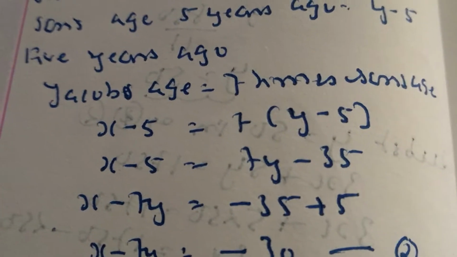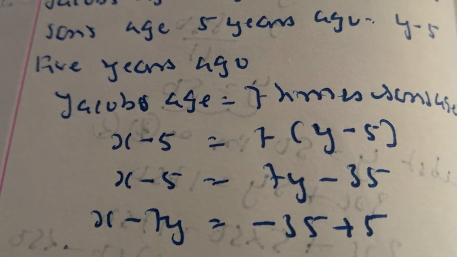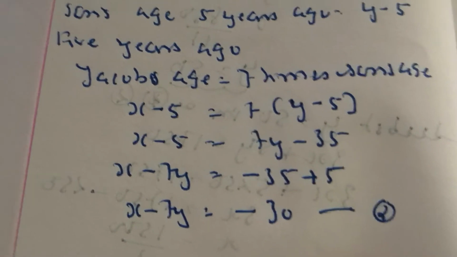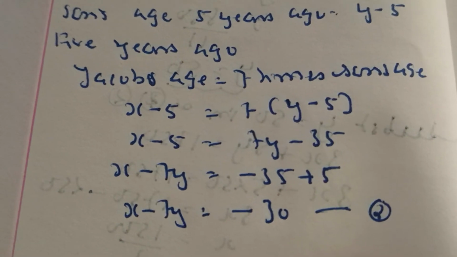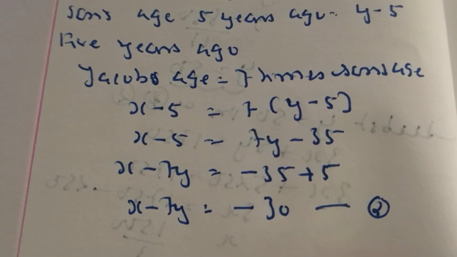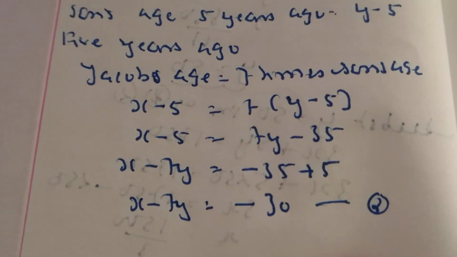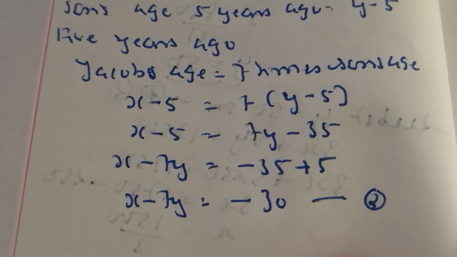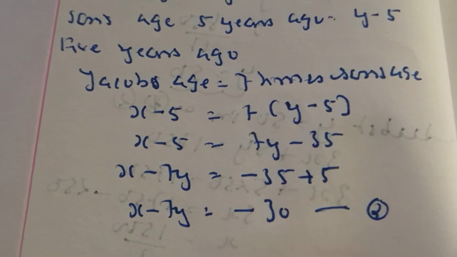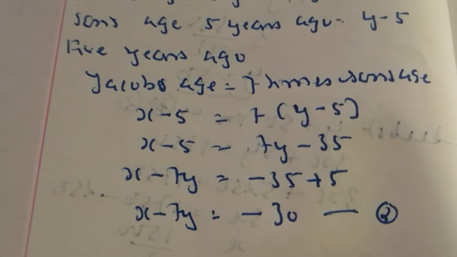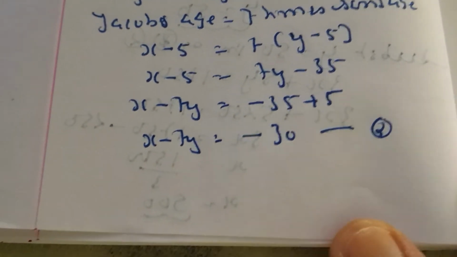So Jacob's age is x minus 5 and son's age 7 into (y minus 5). So x minus 5 is equal to 7 multiplied by y, 7y, 7 multiplied by 5, that is 35, minus 35. So x minus 7y is equal to minus 35 plus 5. I have shifted 7y on the left hand side and minus 5 on the right hand side. So x minus 7y is equal to minus 30. That is my equation 2.